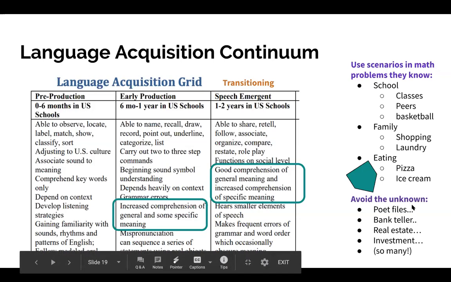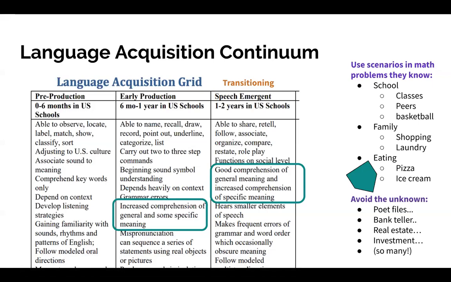Avoid unknown scenarios. This is a very short list of words that I found last week that I cautioned the math teacher about not using. Like there was an example of a poet who was filing things. They don't necessarily know what a poet is, so don't use that.